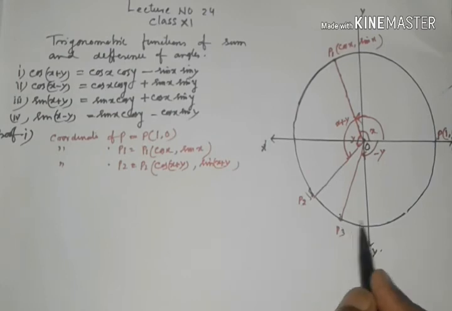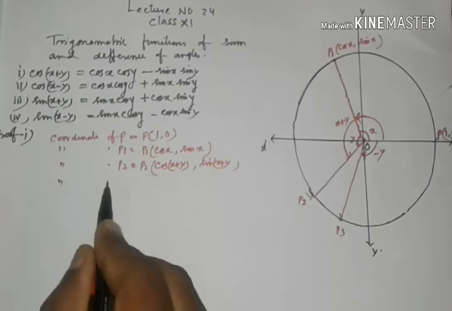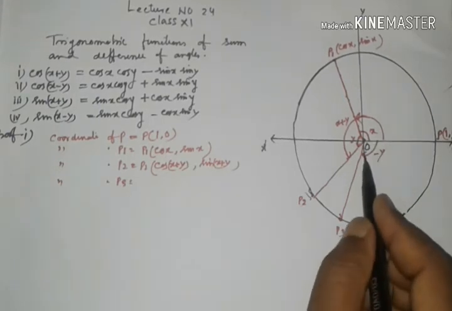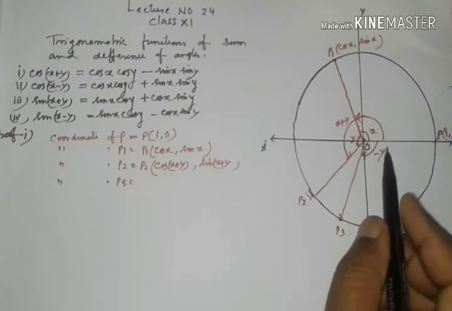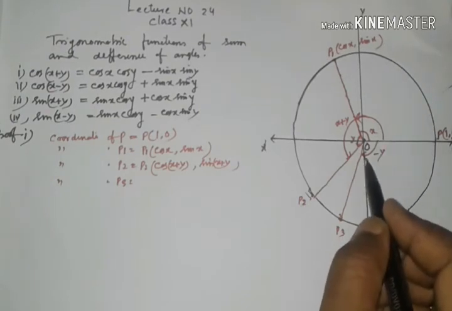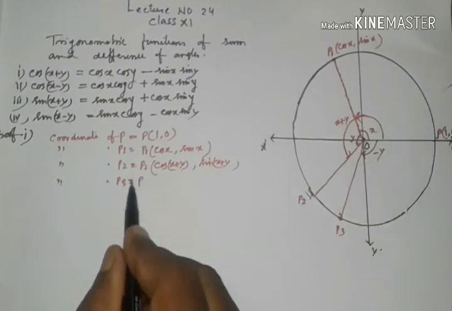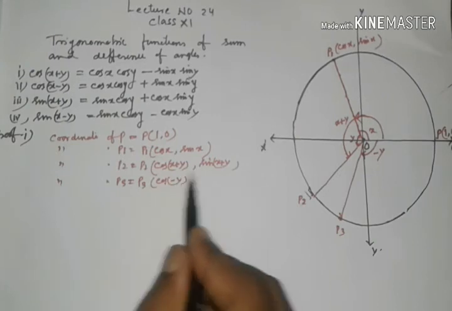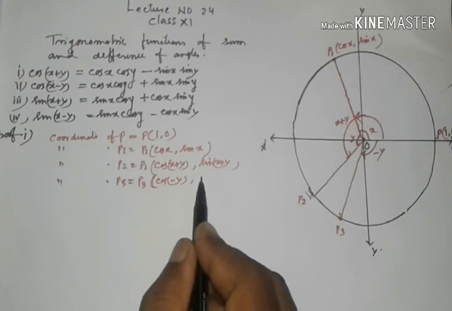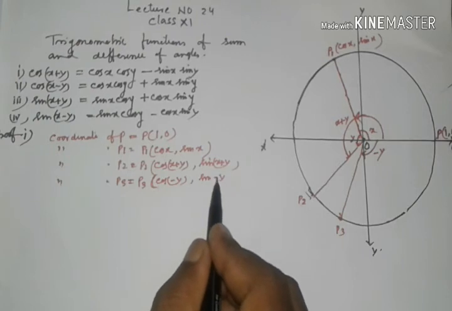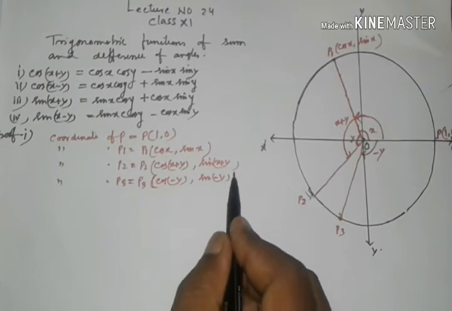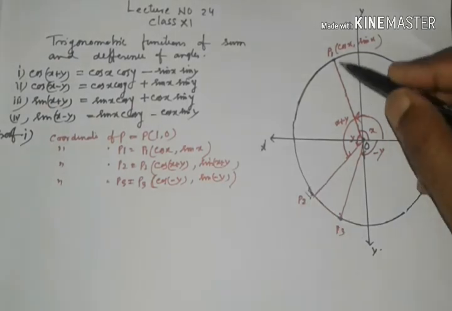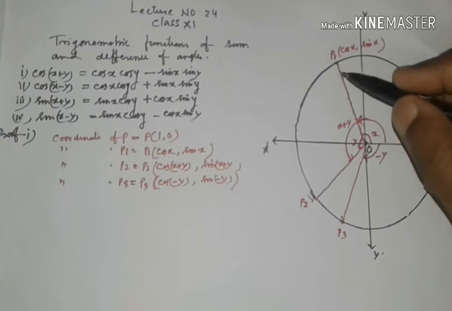Now, what is the coordinate of P3? P3 makes an angle minus y with OX. It is in the clockwise direction, so the coordinate of P3 is (cos(minus y), sin(minus y)).